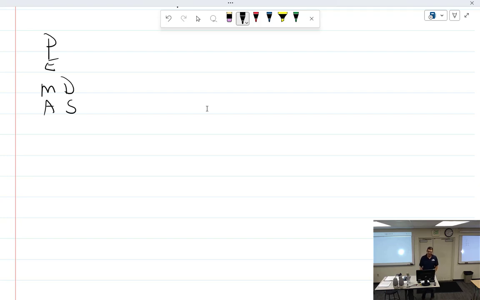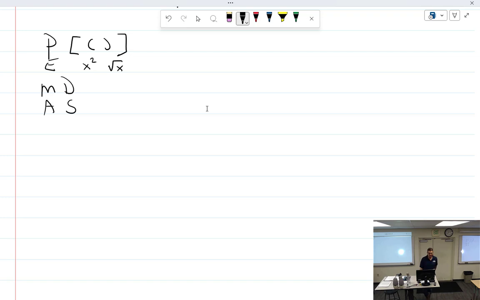So P is for what? Parentheses. Now I'd have to spell parentheses, P-A-R-E-N-T. These things are the first order, then that, then that, then that. Then E is exponents, such as squares or square roots.